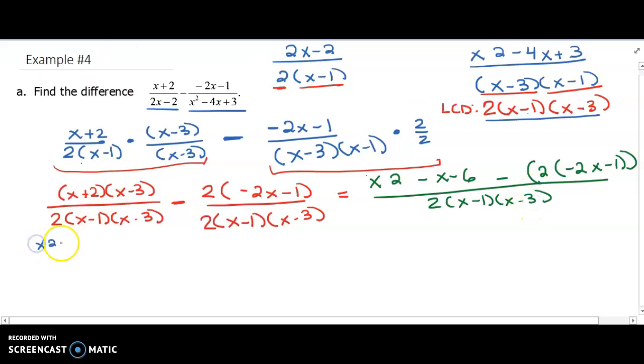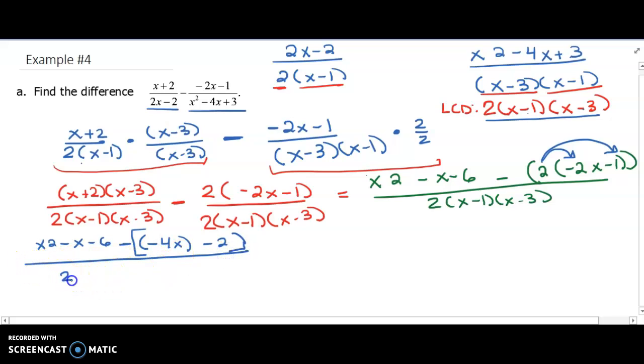So x squared minus x minus 6 minus, well, this here is a minus 4x, and I want to subtract the thing, so minus 4x and then a minus 2 over 2 parentheses x minus 1, x minus 3.